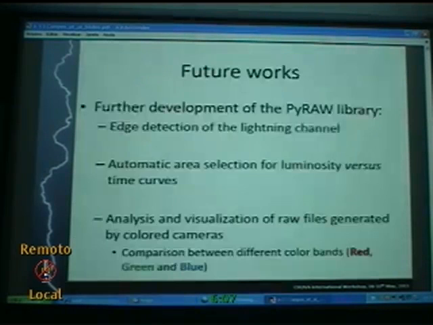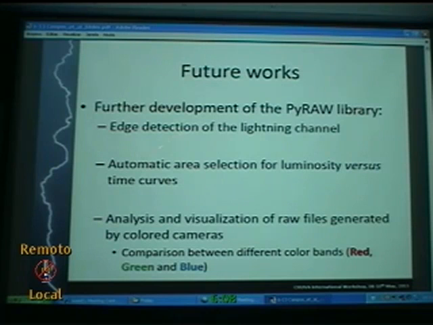And for future work, PyRaw has been developed for less than 2 months, so there's a lot of work to be done here. One of the main issues that we want to address is the edge detection for the lightning channel, so we can make that luminosity and intensity analysis choosing only the area that corresponds to the channel, disregarding the background or any other type of interference or noise.